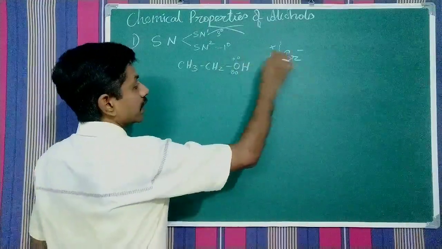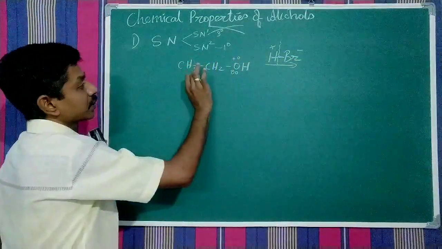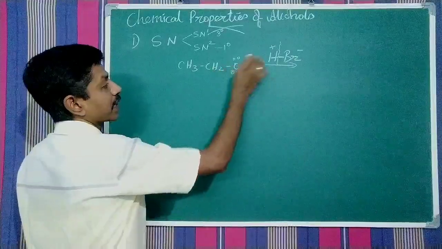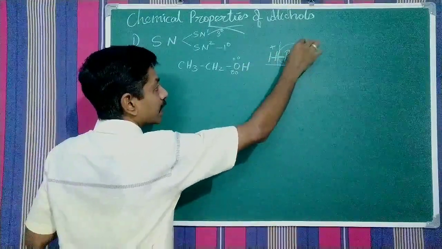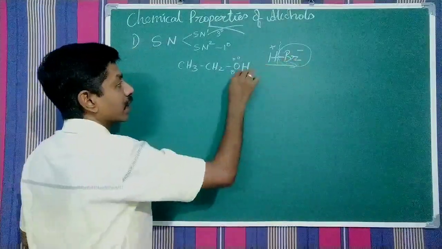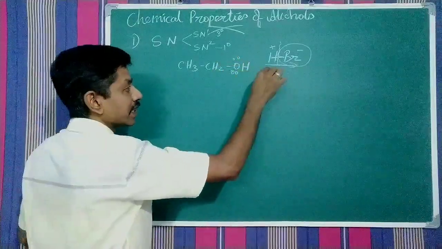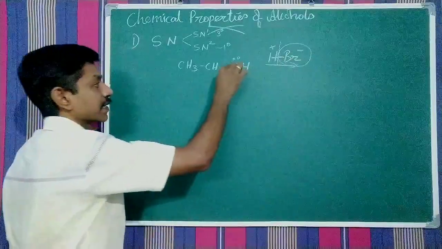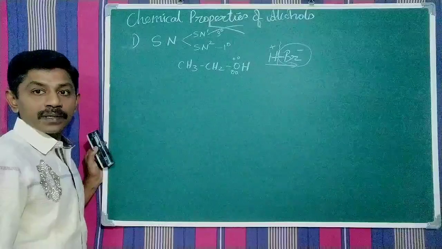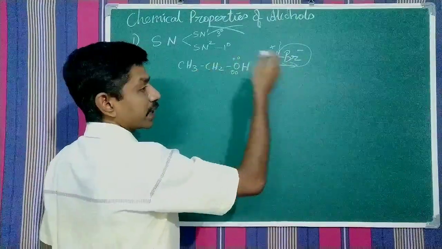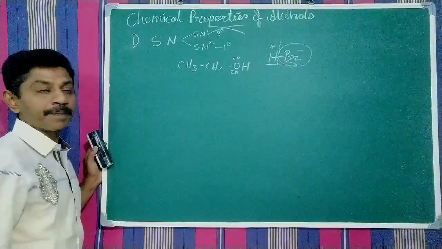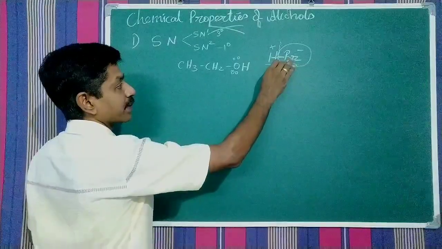Here, the same thing as yesterday, we are going to treat a primary alcohol with hydrogen bromide, where Br minus is a nucleophile and OH minus will leave the place, and Br minus will get attached. Then the required product will be bromoethane, or ethyl bromide. This is our expectation.